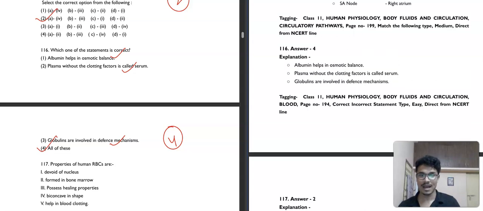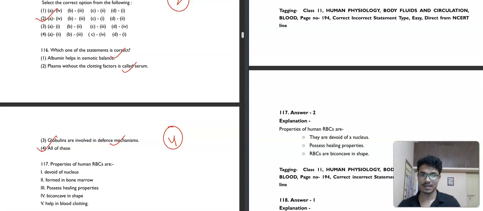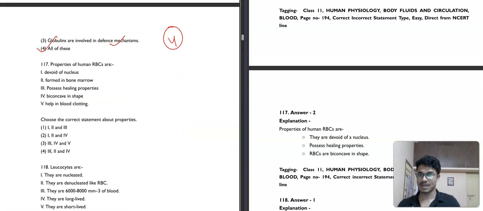Then question number 170. It is saying the properties of RBCs are: devoid of nucleus. Human RBCs are devoid of nucleus. If nothing is written here, you will assume that it is talking about humans. Then formed in bone marrow. Are RBCs formed in bone marrow? Yes, RBCs are formed in bone marrow.